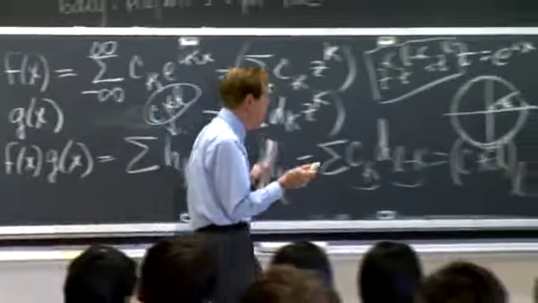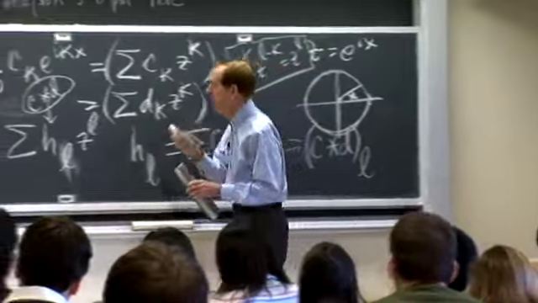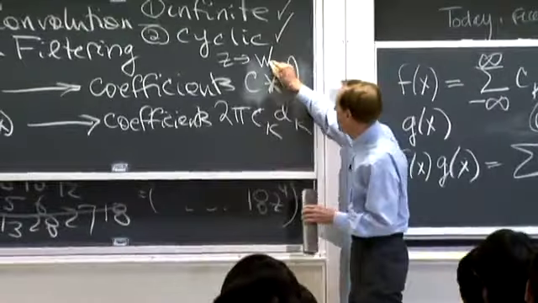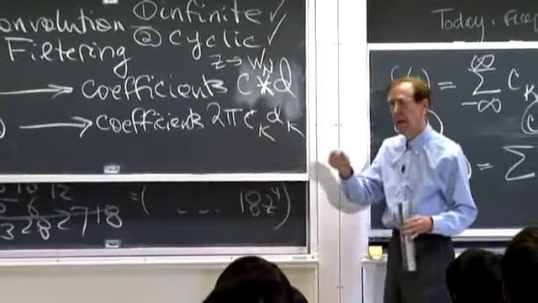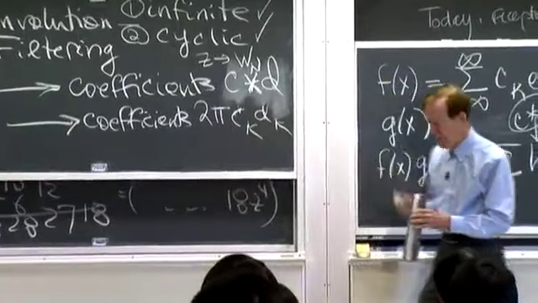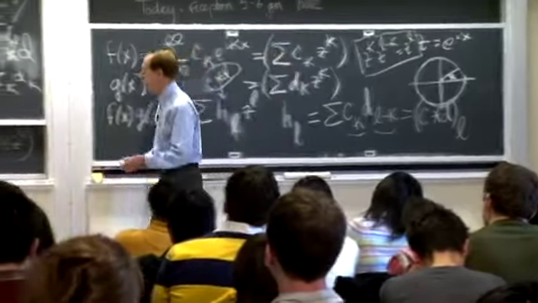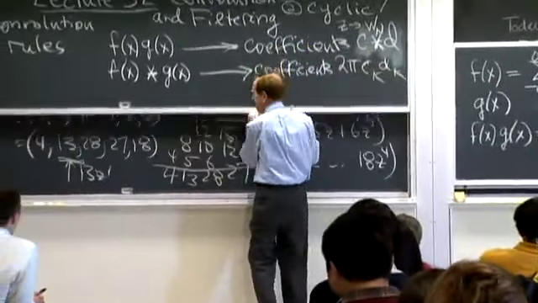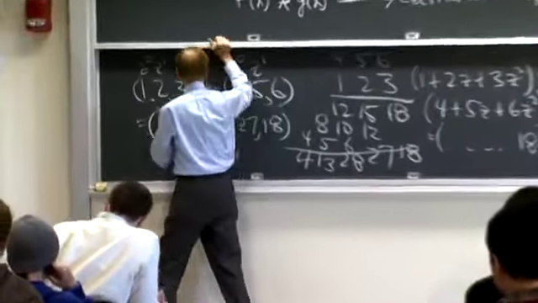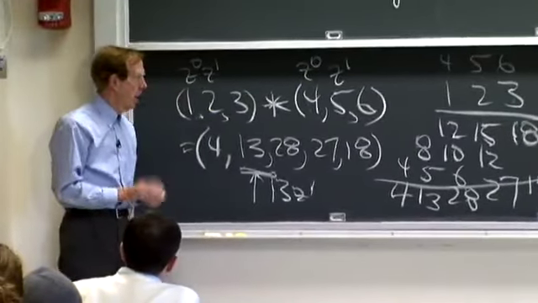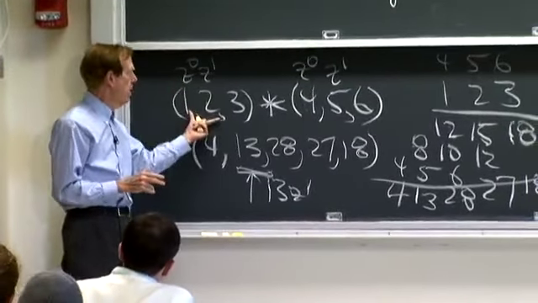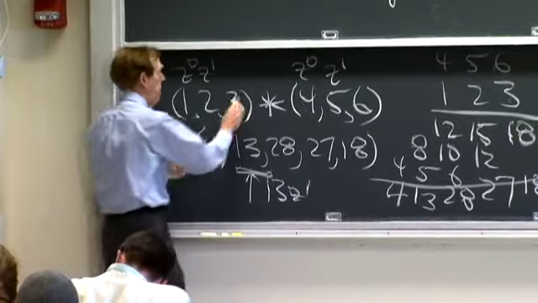And of course it's w to the n. We have to tell you in the cyclic case how long the cycle is. So watch what you do here to make this cyclic. I have 3 inputs, so n is 3 here.